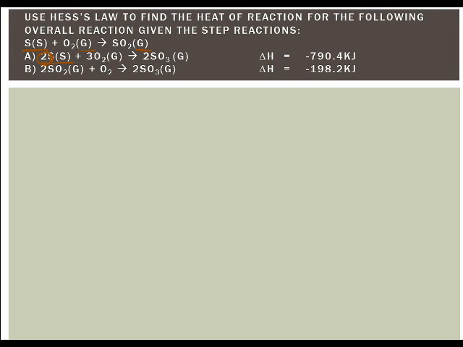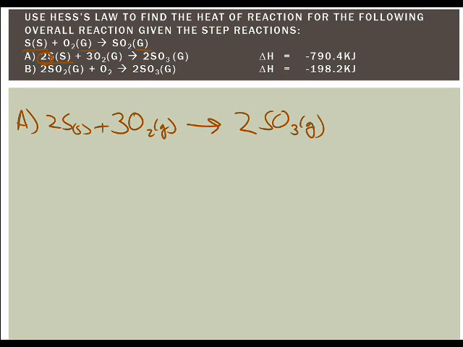So let's write A. We'll just write it down. 2S plus 3O2 goes to SO3. The next reactant is O2. We already have that here, so we don't need to write it again. Those are all of the reactants. Let's look at the products now. The product is SO2.